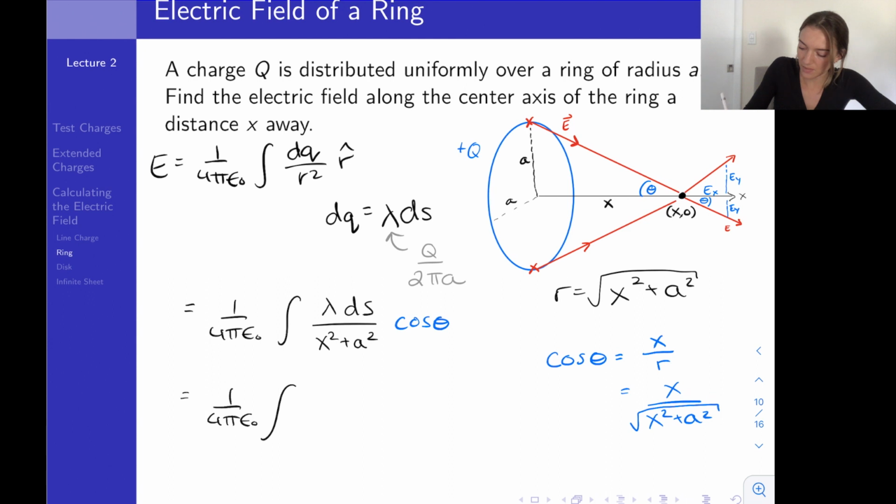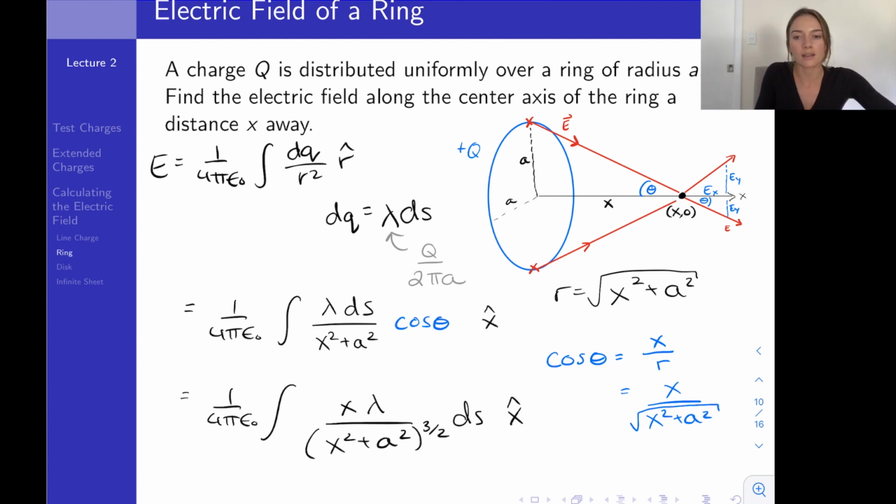We're going to have x lambda over x squared plus a squared to the 3/2, and this is integrated with respect to ds. And then we said only our x component is still there.